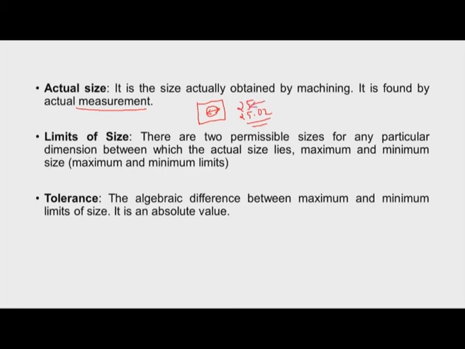And then we have limits of the size. There are two permissible sizes for any particular dimension between which the actual size lies. So, that is maximum and minimum size, or the maximum limit and minimum limit. So, if we take the example of the shaft, so this is the shaft.